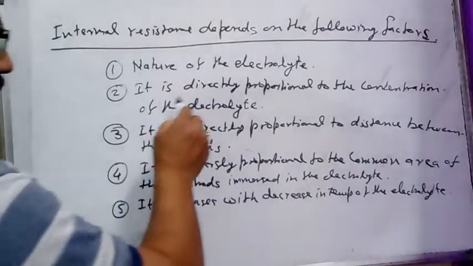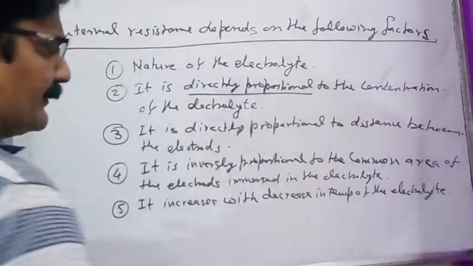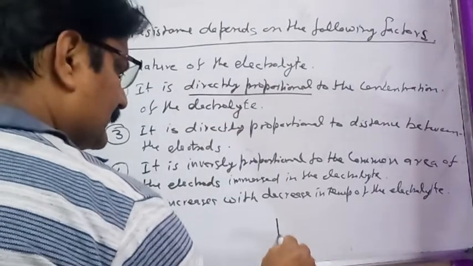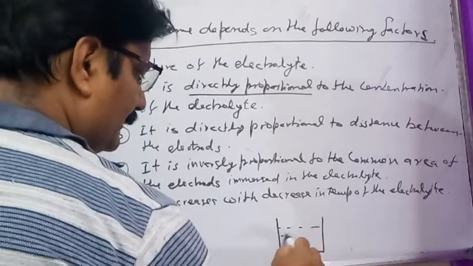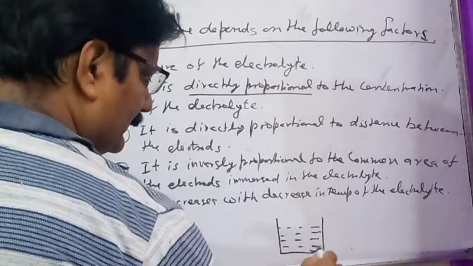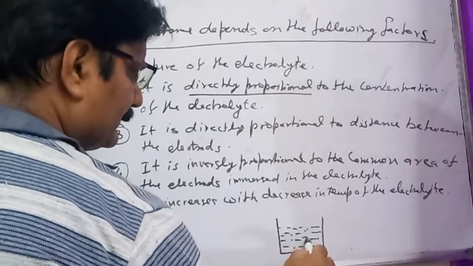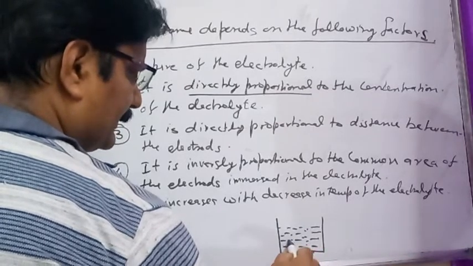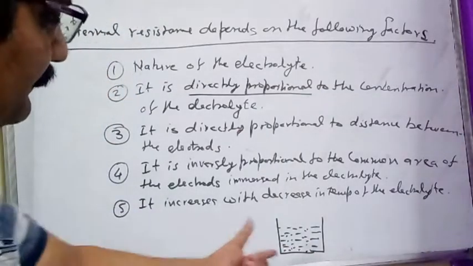Second factor is it is directly proportional to the concentration of the electrolyte. If concentration of the electrolyte in the cell increases, increasing concentration means more and more ions are present in less volume of the electrolyte.